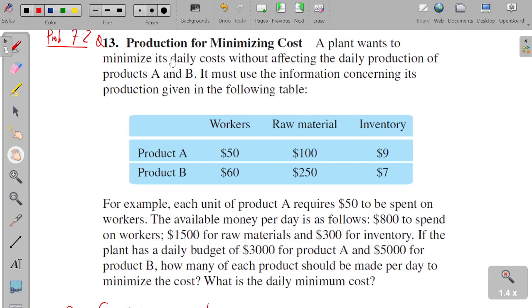A plant wants to minimize its daily cost without affecting the daily production of product A and B. It must use information concerning its production given in the table.